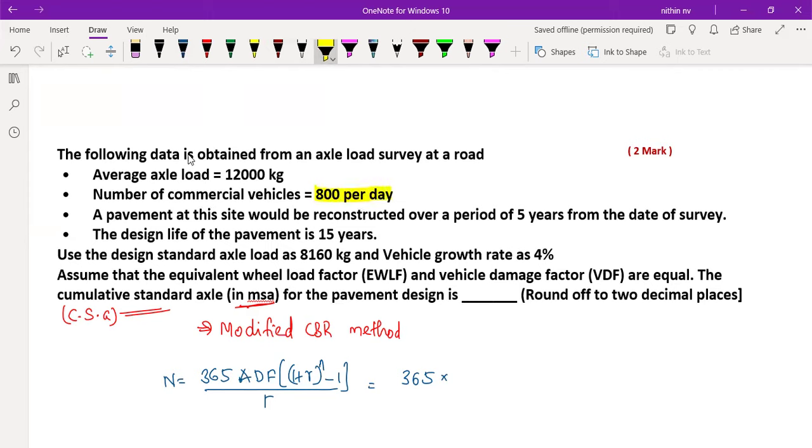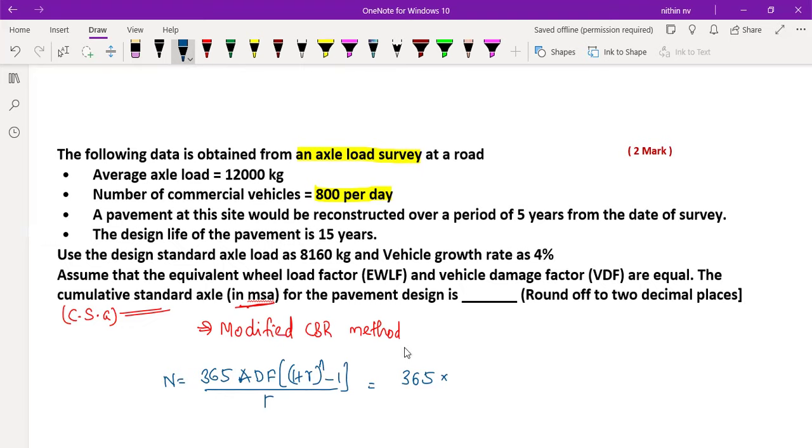The following data is obtained at an axle load survey, which means this value is what is observed during the survey, right? But what we require is the anticipated traffic, means what? At the end of road construction, what will be the future traffic? That's what we require, right?